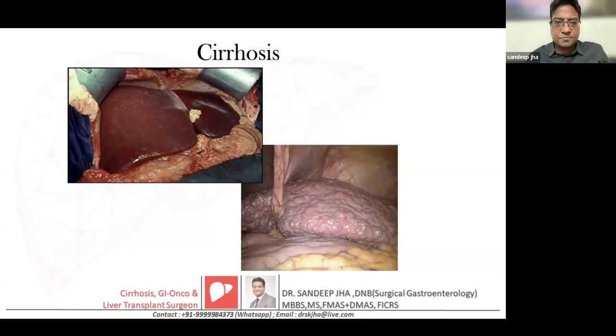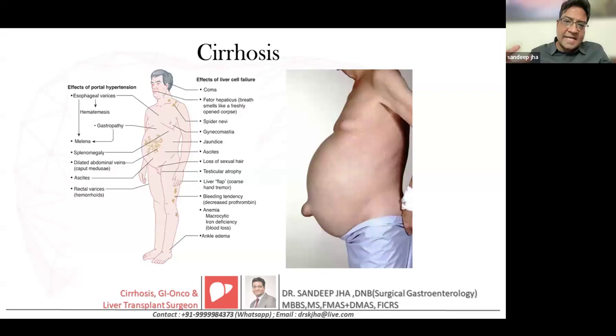The liver is shrunken and hard. And this is how patients must be presenting to you. They have a swollen tummy with ascites formation inside. We keep tapping, taking out the ascites, trying diuretics very frequently. And those patients might have jaundice, where the jaundice doesn't resolve.